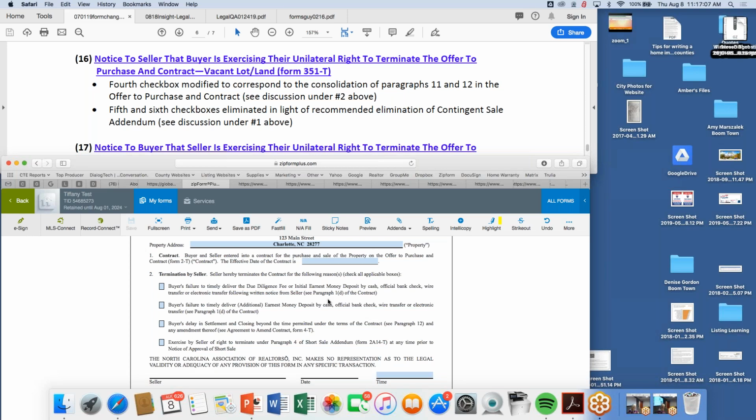So I now have one situation where the offer reads that the due diligence is supposed to be delivered at contract formation. But if you have an out-of-town buyer, only one seller ever got real crazy about how it was not delivered literally the second we went under contract. So what is timely?